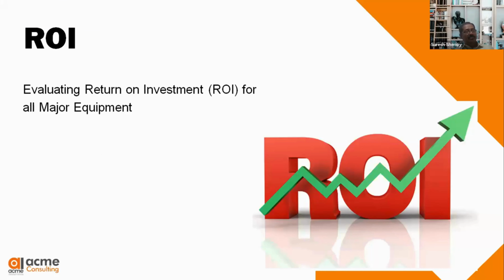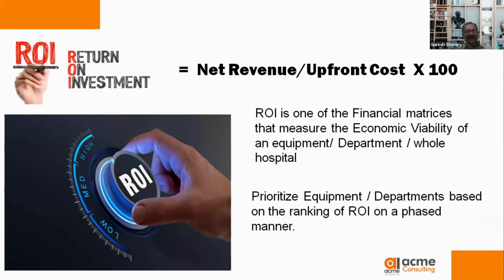And I was talking to you about ROI. It is nothing but return on investment for all the major equipments and the facilities, etc. So what is ROI? ROI is one of the financial metrics that can measure the economic viability of an equipment or maybe a department or for the whole hospital also.